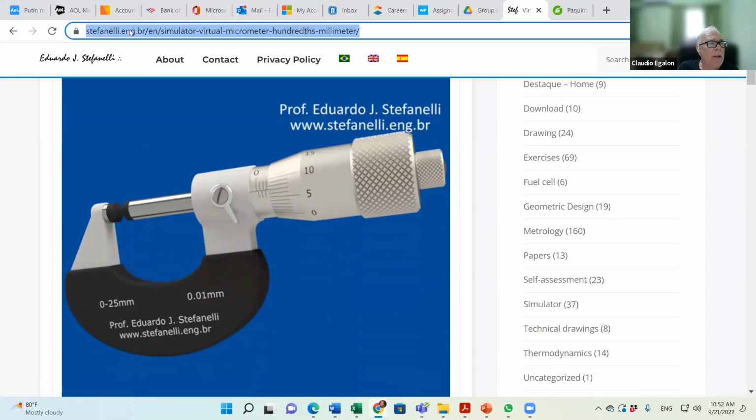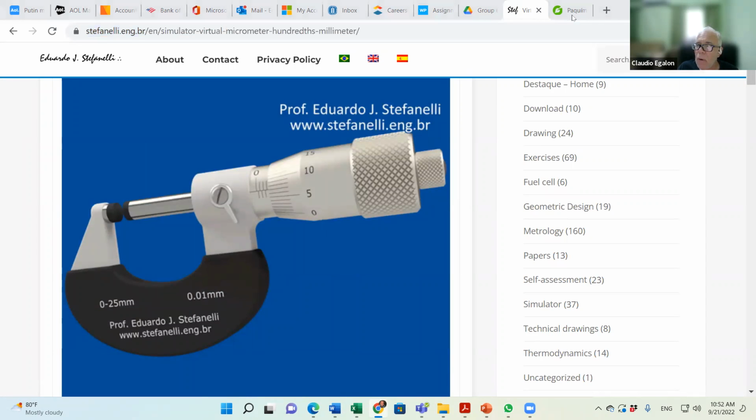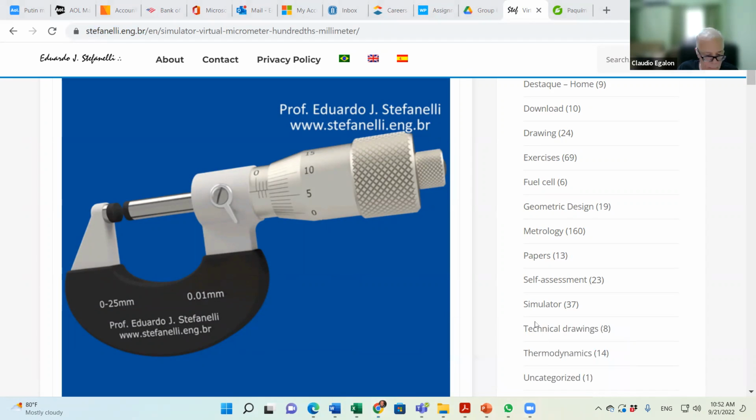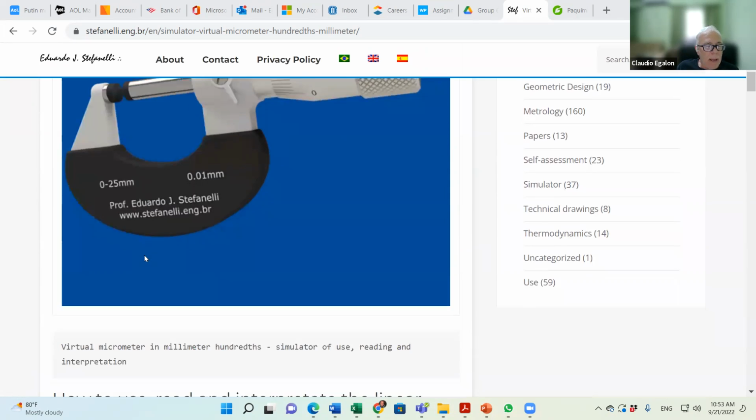So go ahead, get a link for displays and practice measurements with the micrometer. Let me send that to you all. Here you go, the link of a simulation for the micrometer.